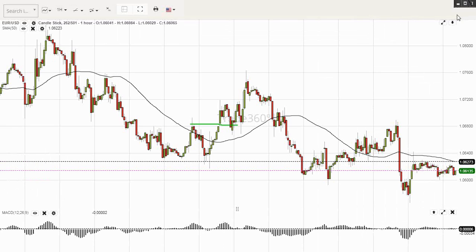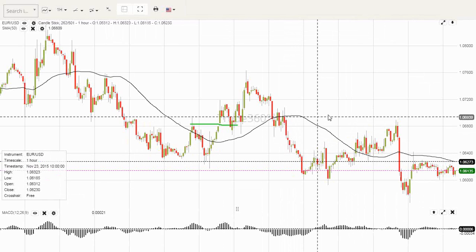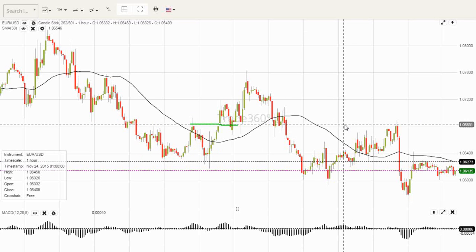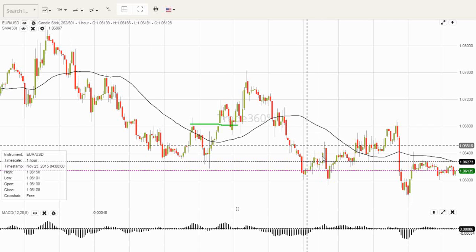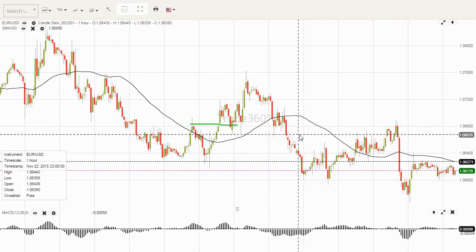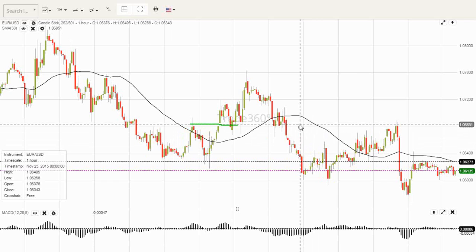Let's say we are entering at 1.0683 and our stop loss is going to be somewhere over here, the 1.0725 zone, let's say 1.0706. So we have approximately 50 pips of stop loss.